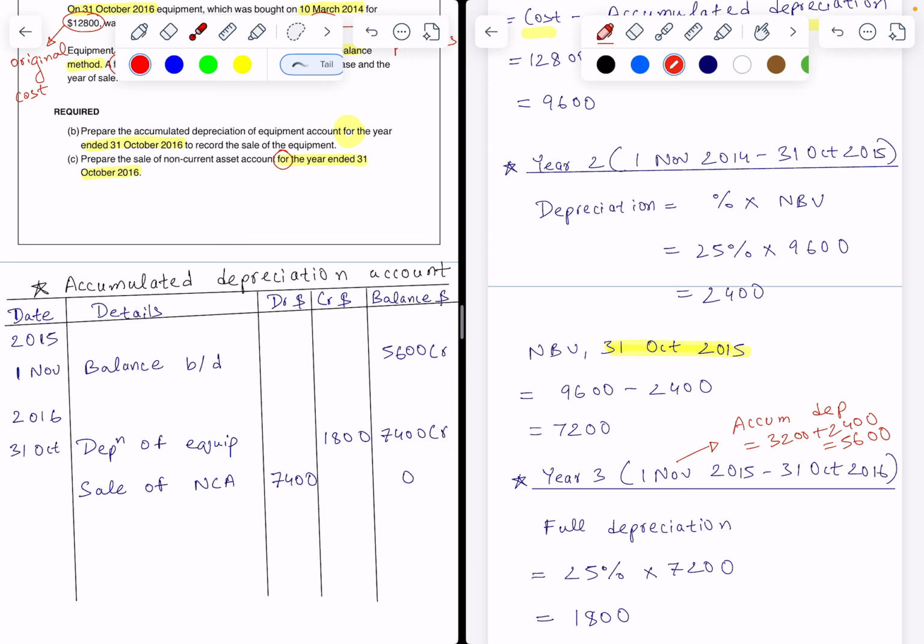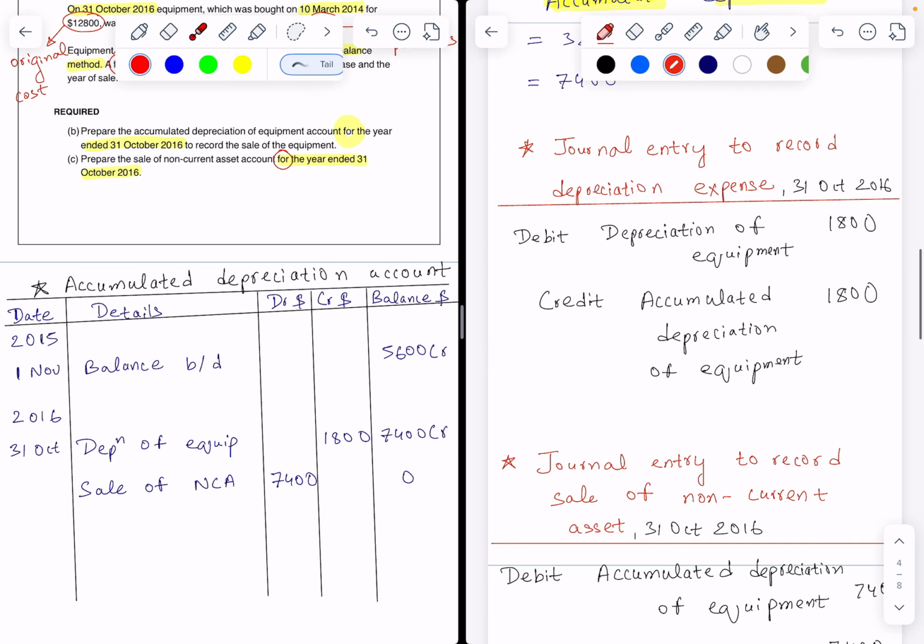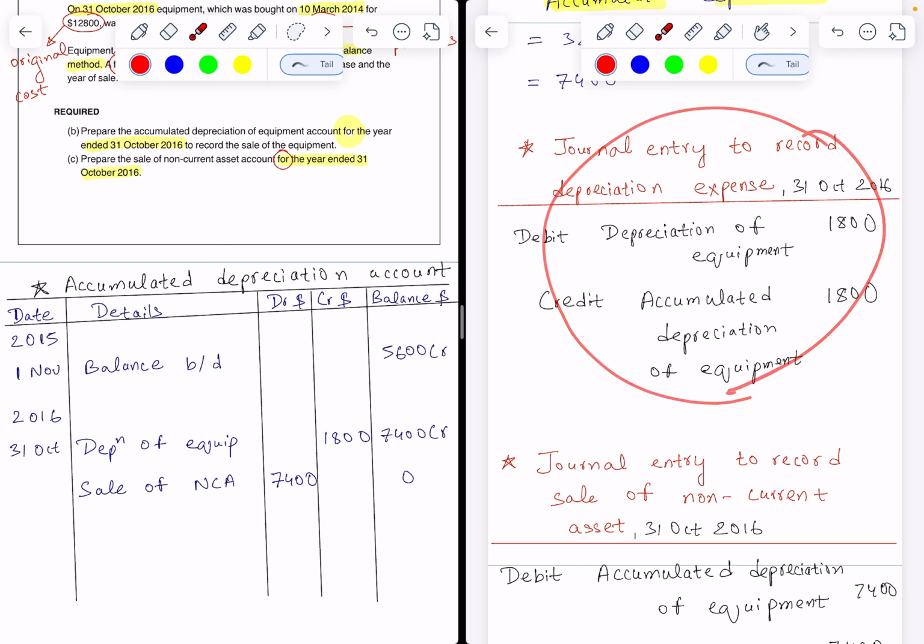Then what happened during the end of the year? So at 31st of October 2016, the first entry is to record the depreciation of equipment which is specific to year 3. Based on this journal entry, you can see the accumulated depreciation account is credited by $1,800, mainly because we've got an expense for year 3, which is $1,800.